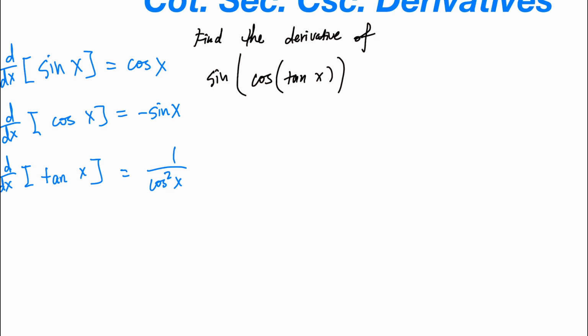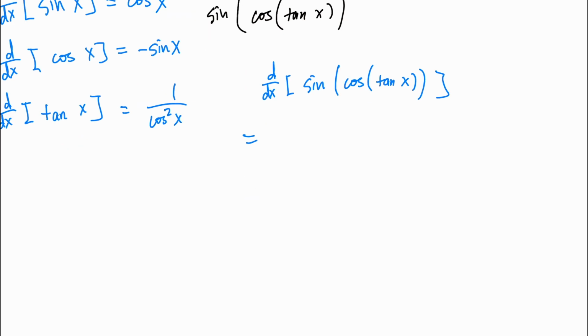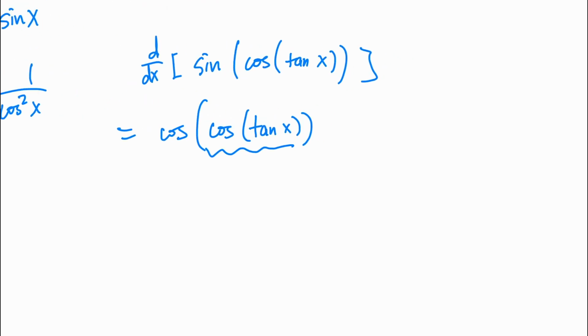So what we basically have over here is this derivative, the derivative of sine of cosine of tangent x. This derivative is equal to the derivative of the outside function, keeping the inside as it is before the differentiation, and we need to multiply it by the derivative of the inside function.